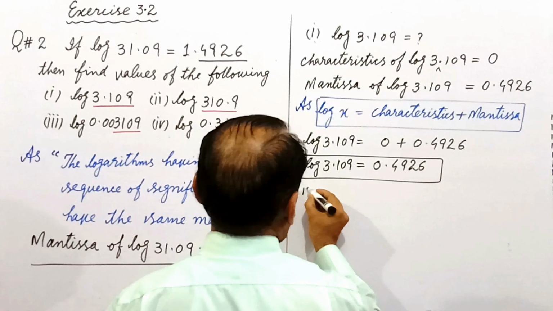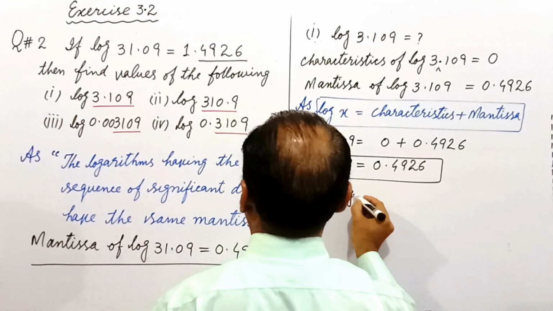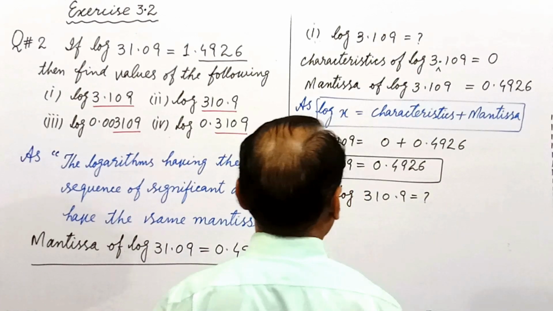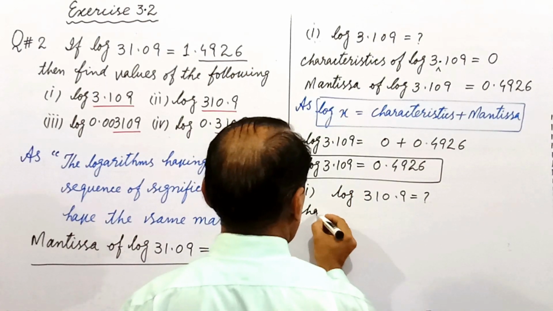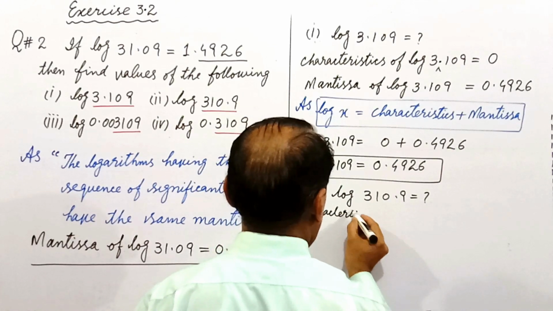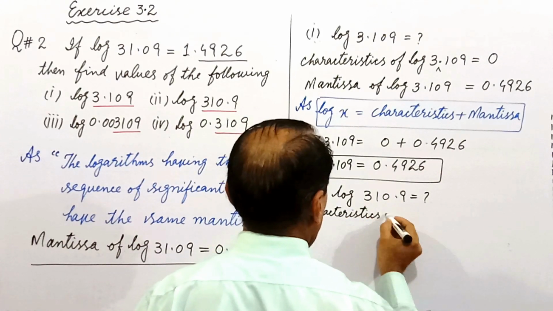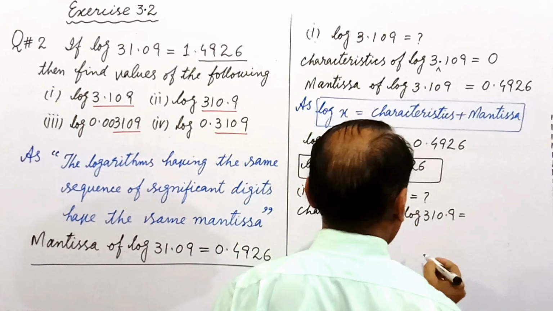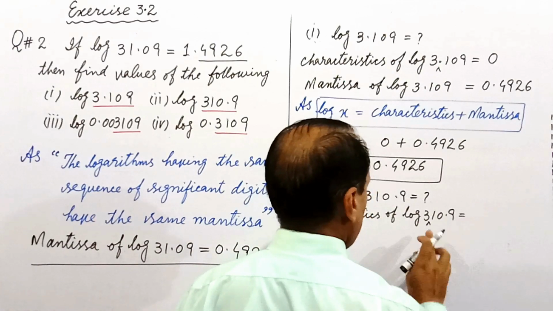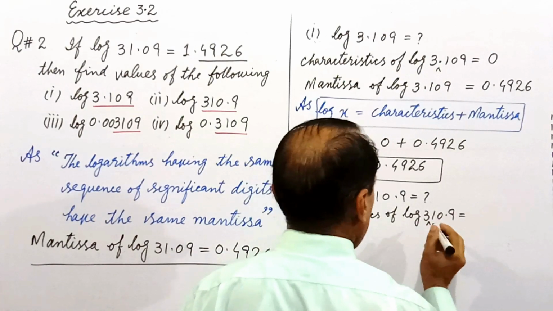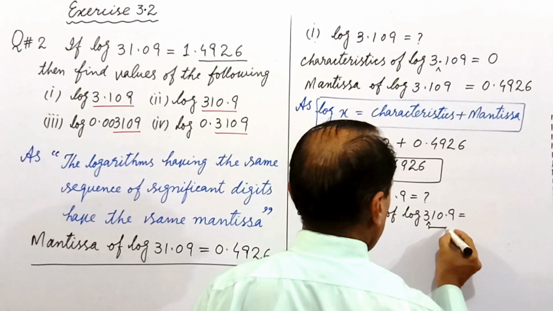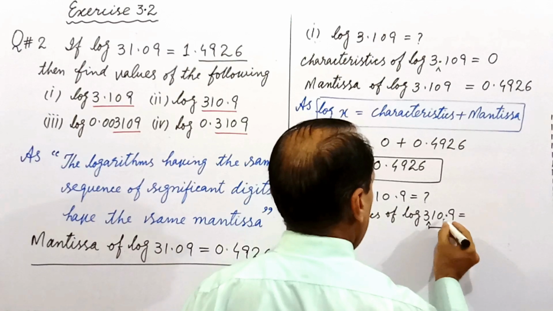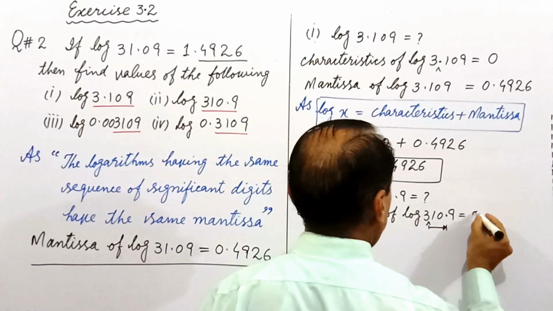In part 2, we are required to find the logarithm of 310.9. We find its characteristic. We place a reference position after the first non-zero digit from the left hand side, and we count the number of digits between the decimal point and the reference position, that is 2, as the decimal point lies on the right hand side, therefore the characteristic is plus 2.